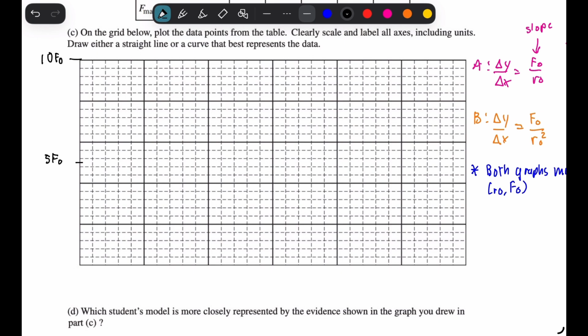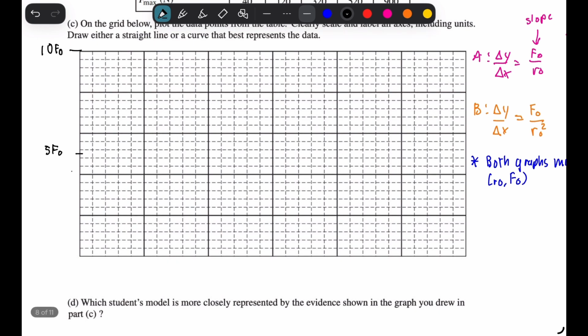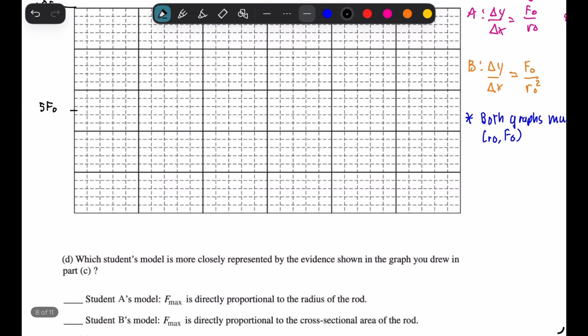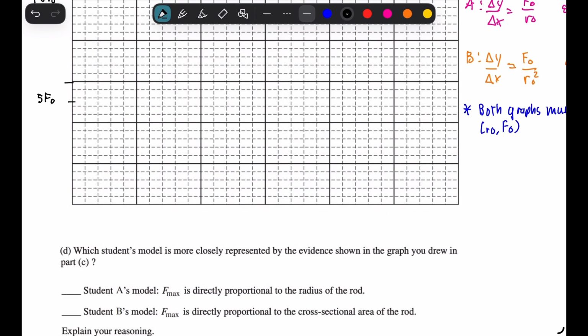This graph is actually not perfectly on it, so we can have 8F initial here. Then we have our 6F initial, 4F initial, and then 2F initial. And then here we're going to have 1R initial, 2R initial, 3R initial, 4R initial, 5R initial.